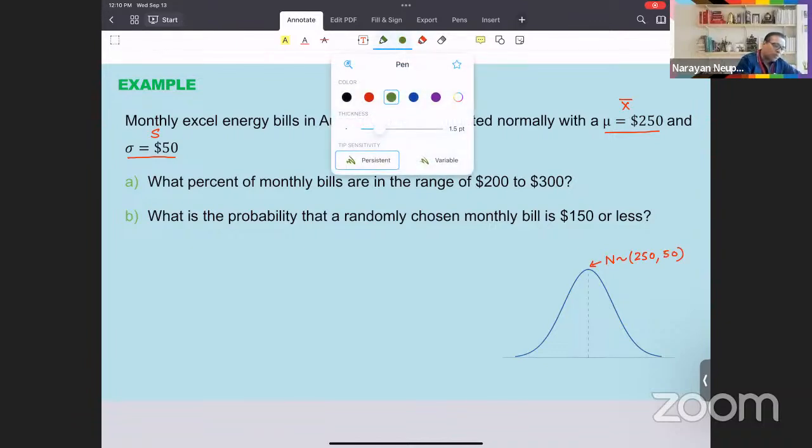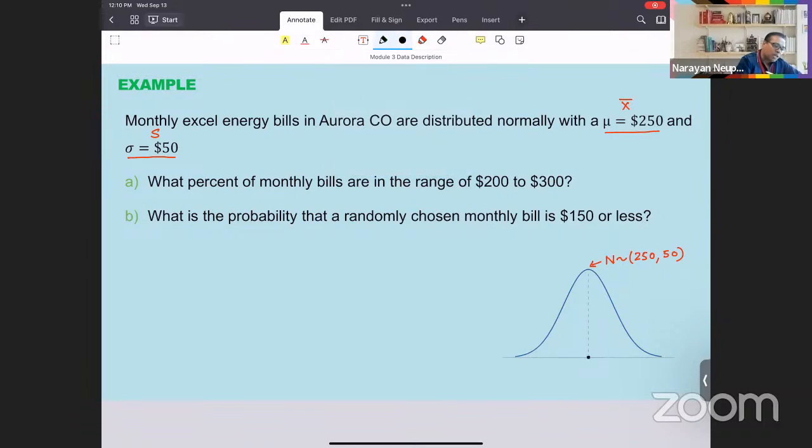Meaning your mean 250 is in the middle here. Now we can go one standard deviation up and one standard deviation down. If I go one standard deviation up, it is 250 plus 50, 300. And on the other side, 250 minus 50, 200.